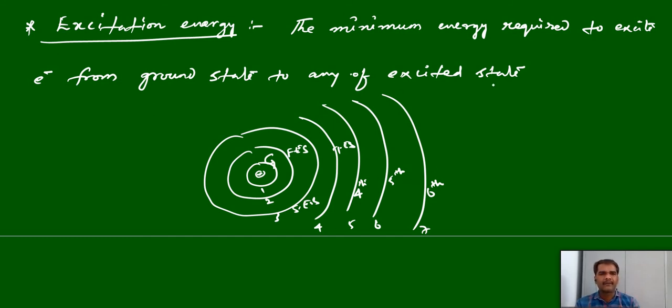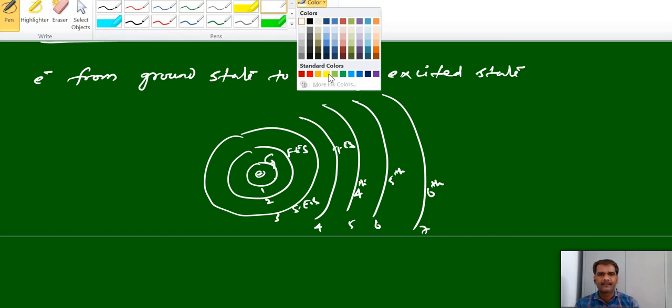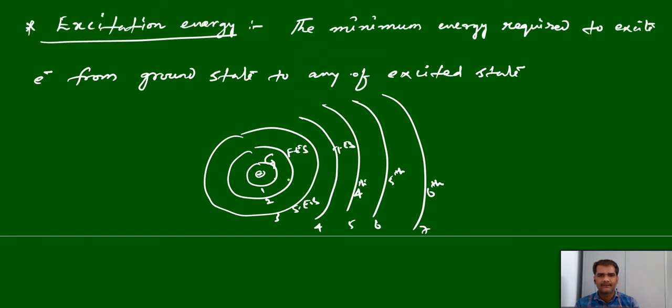Now, it is the minimum energy required to excite an electron. Here we have the electron in the ground state. To excite this electron from here to here, the minimum energy required is the energy gap between the second shell and the first shell.